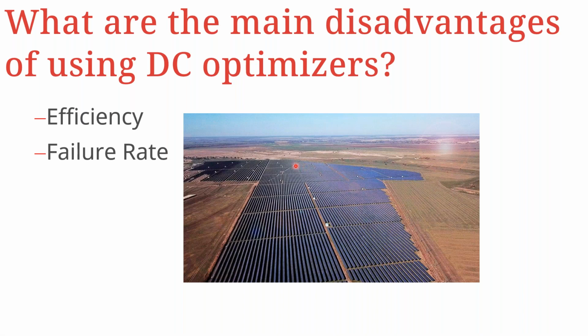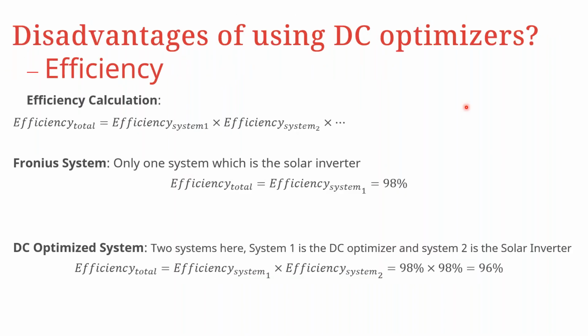When it comes to efficiency, you need to understand that the overall efficiency of a system is equal to the efficiencies of the connected parts. For a DC optimized system, we would have to consider the efficiency of each of the DC optimizers connected to the back of the modules, from DC optimizer 1 up to DC optimizer N, depending on how many are connected.